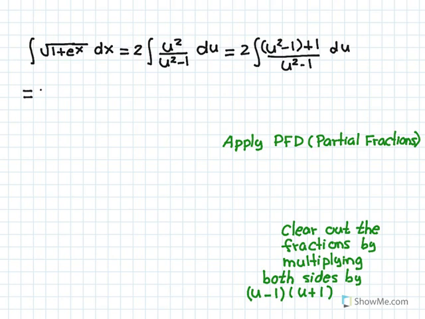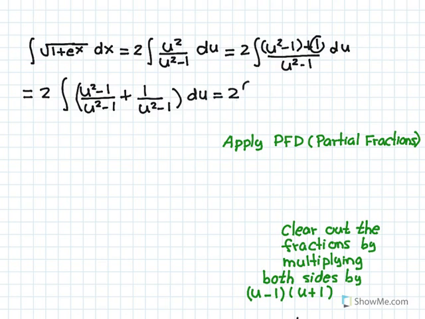We haven't changed anything. So we get 2 times the integral. Now we just divide it through and we get u squared minus 1 divided by u squared minus 1, plus 1 divided by the denominator, which gives us 1 over u squared minus 1, du.